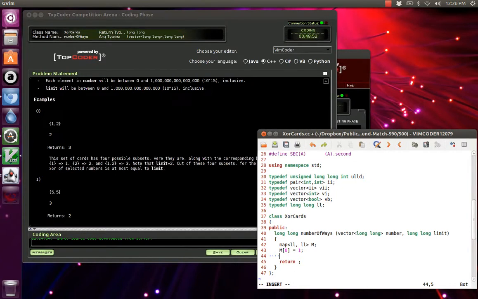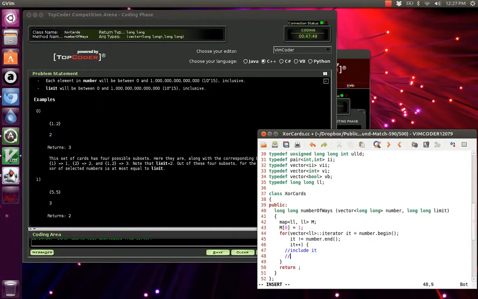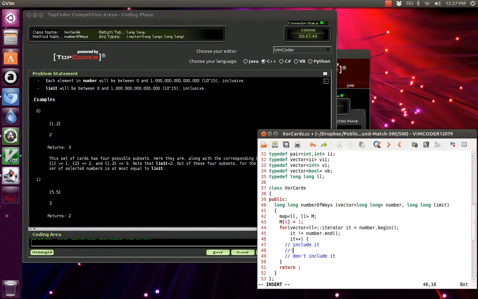Oh yeah, I brute forced this one in a way such that in the map M, I mapped all numbers to the number of ways it occurred. And right at the end, I would iterate through this map and check if the key was less than the limit, and if it was, I added the number of ways to get to that number to a total.